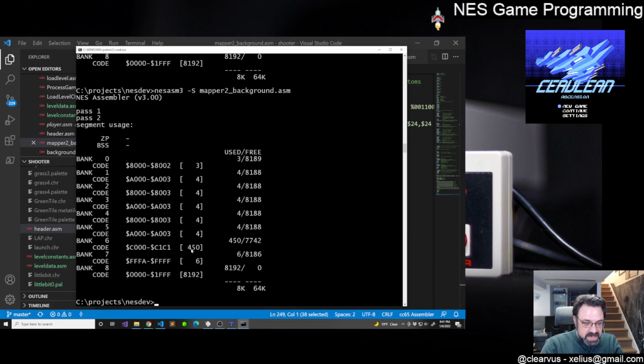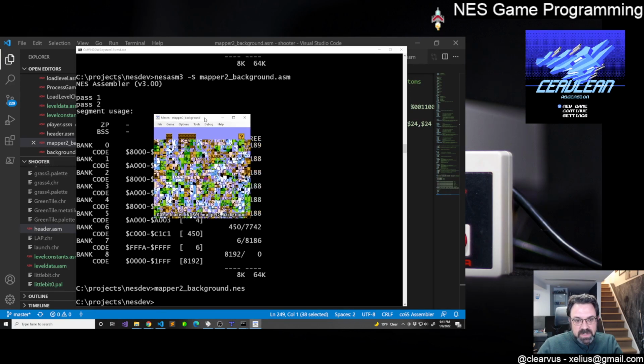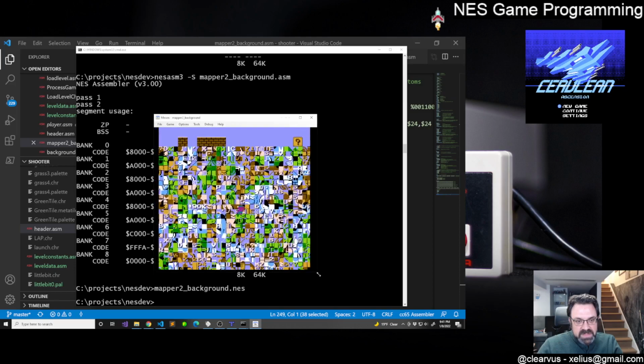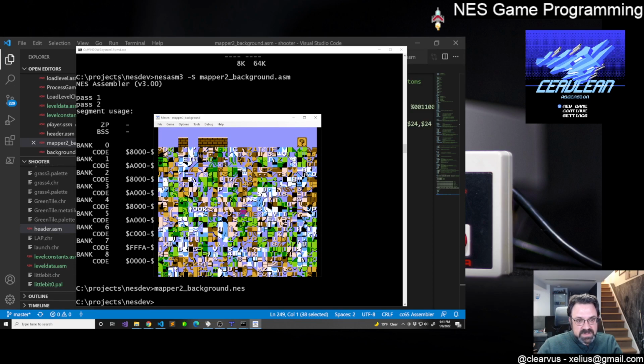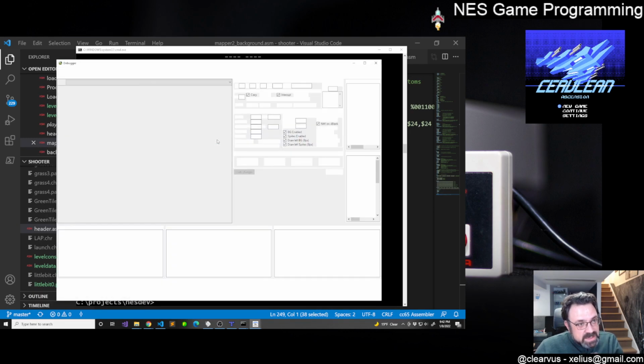So I already built this, and if I run this, here's the example, and it's missing some of the data because I believe part of the example is that Bunny Boy wants you to complete the example yourself. There is a sprite that is moving back and forth depending on pressing the A or B button. So this is working. If we look at the debugger, this is where things kind of get interesting.